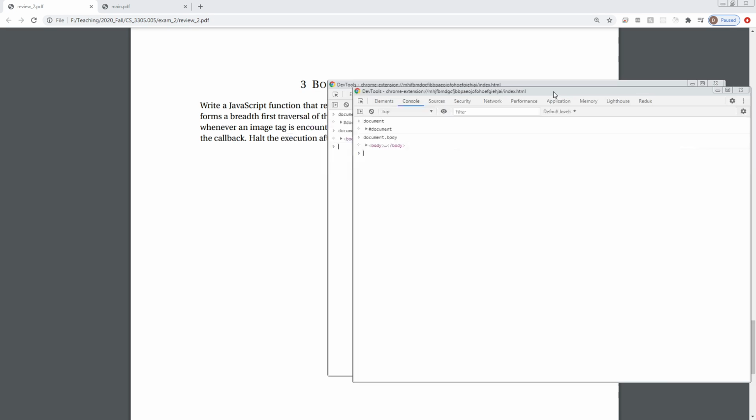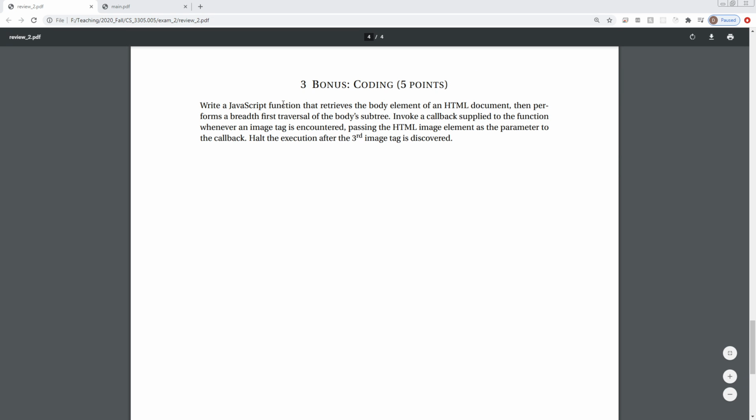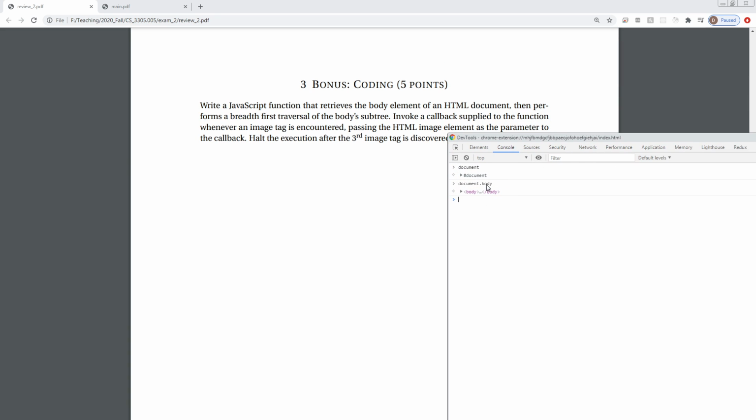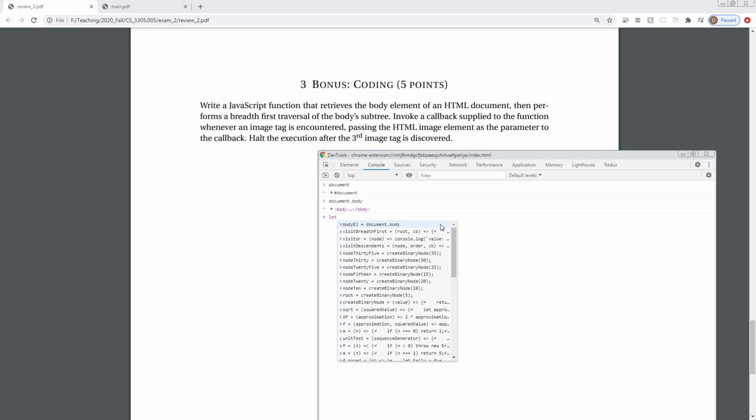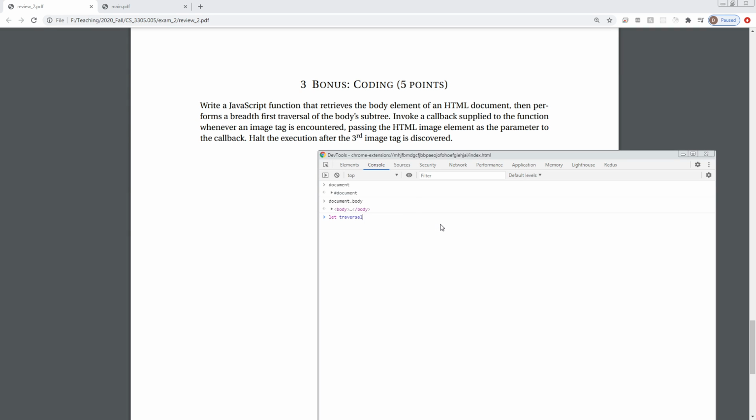So I've asked that we write a function that retrieves the body element. We already know how to get the body element. It's just document.body. And then it performs a breadth first traversal of the body's subtree. So let's write a function that performs a traversal. It accepts some HTML element.